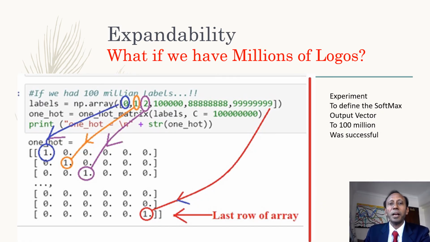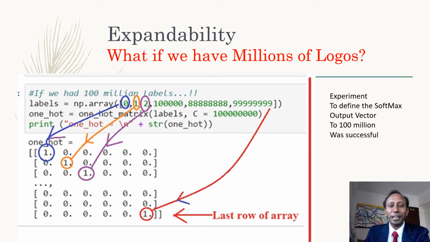Now, let me highlight one more time the expandability of this project. On the softmax output side, I tried an experiment of defining 100 million labels by setting the vector size to 100 million and putting a value of 999 in the last row of the vector, and it worked.